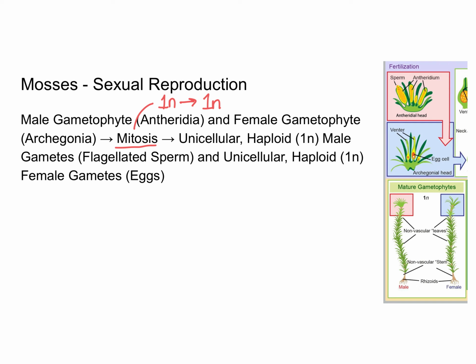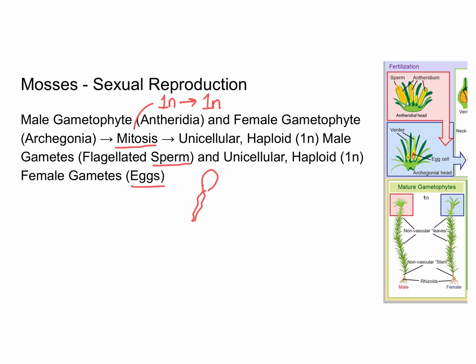In this case, the haploid cells that are being produced are going to be the male gametes or the female gametes, depending on whether it's a male plant or a female plant. So in males, the gametes are going to be sperm, and these are sperm that have flagella. So these sperm are able to swim through their environment. And in the female, in the archegonium, eggs are going to be produced. And eggs are going to be the female gametes.